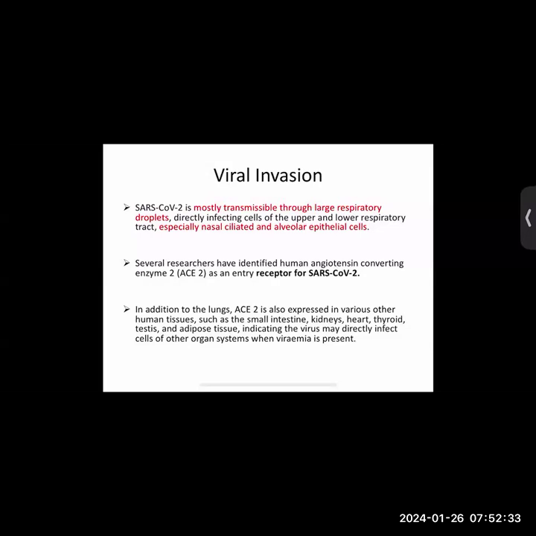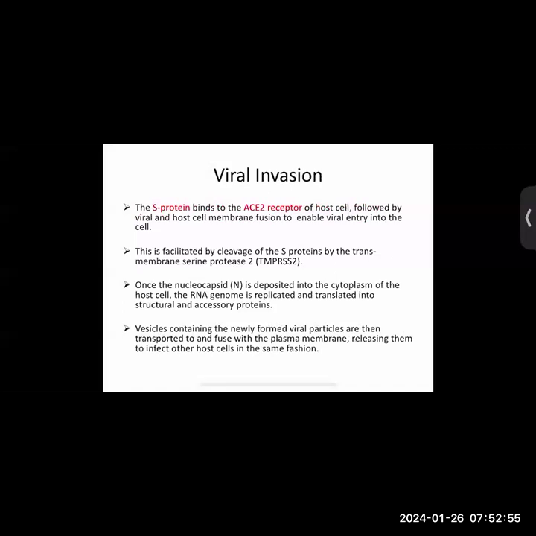And this angiotensin converting enzyme 2 is said to be expressed in various other organs in the body, including the small intestine, the kidneys, the heart, the thyroid gland, testes, adipose tissue. And this affectation of those organs may be directly as a result of the viremia, which is present in patients infected with the virus.